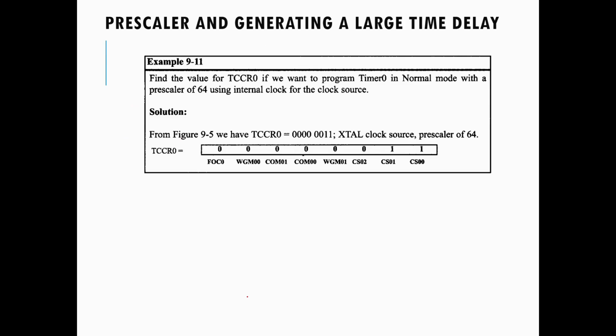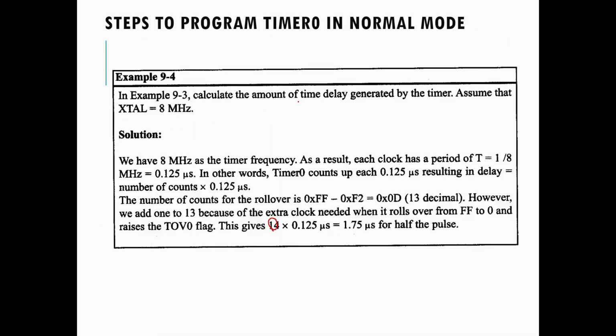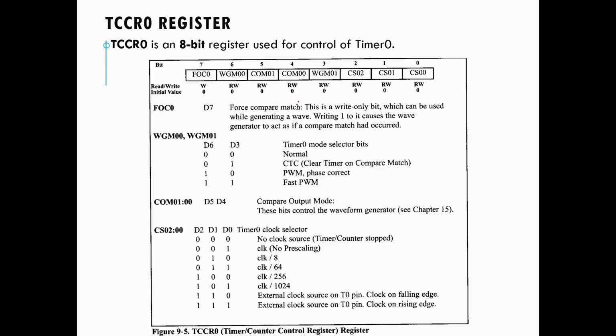Okay, so here we have the prescaler of 64 if we are using the TCCR0. How do we know the value inside our TCCR register? We refer back to the question. The question says it is in normal mode, timer 0, prescaler of 64. So we refer back to the previous slide of the TCCR.